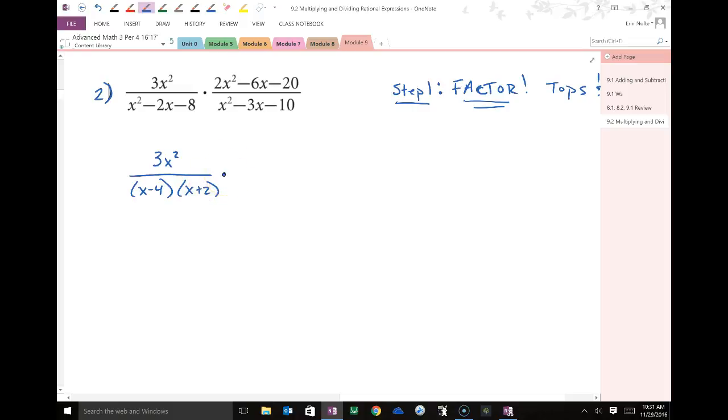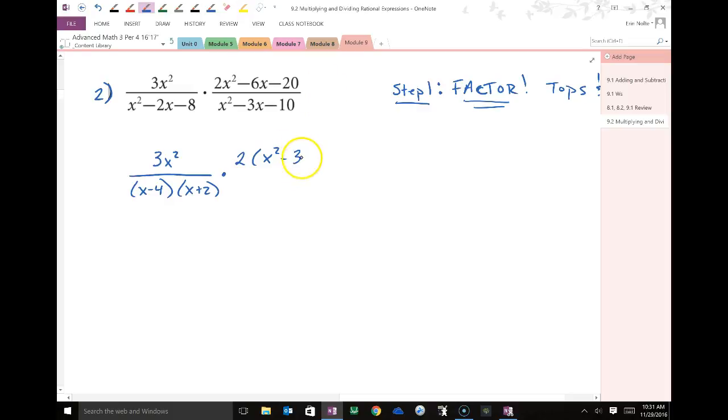Okay, what about the top right one? What could I do to factor that one? Anybody notice there's a greatest common factor there? Let's start by pulling out a 2. And then I would have x squared minus 6x minus, nope, sorry, just kidding.